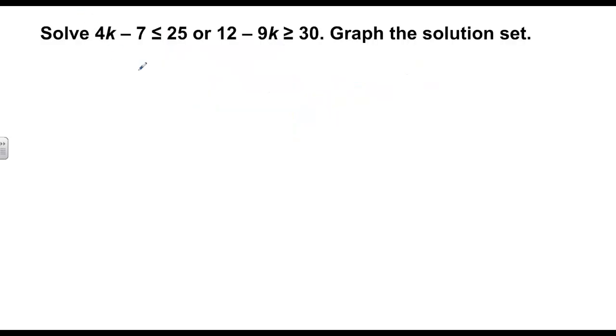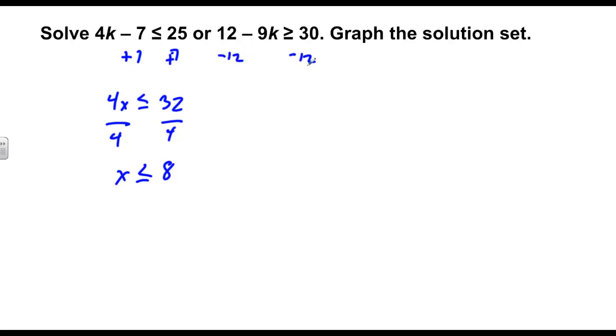So I have two inequalities that aren't solved for x. I'm going to add 7 to both sides in the first one, giving me 4x is less than or equal to 32. Divide by 4 on both sides. I get x is less than or equal to 8. And then we have subtracting 12x from both sides.